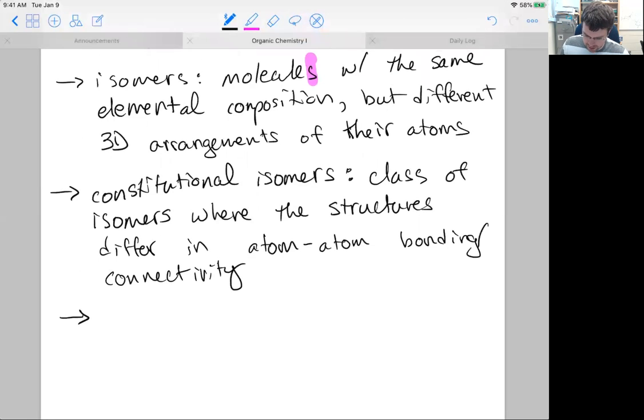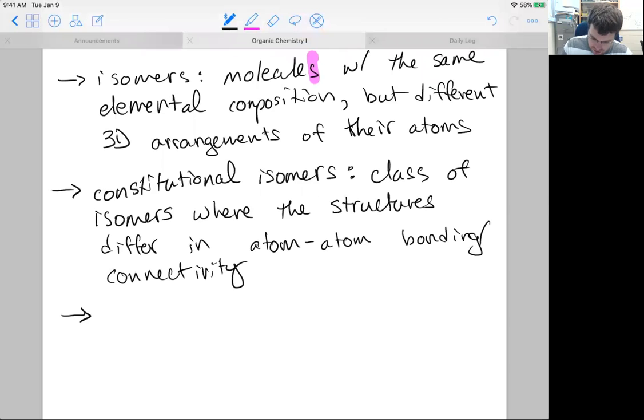Okay, so we had looked at these two definitions before. So far, this is just review of sorts, right?